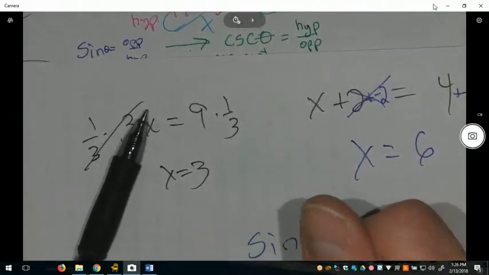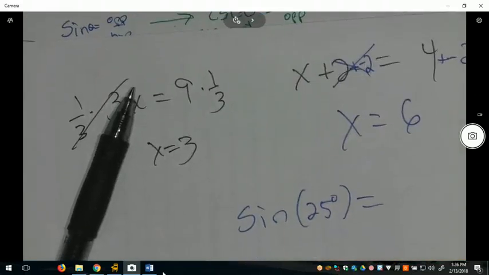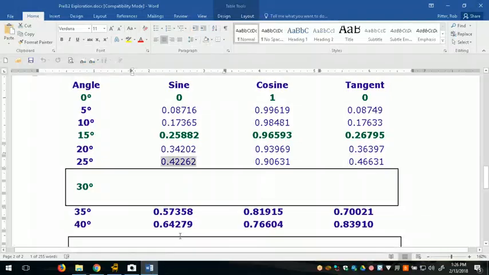Same idea here. I have sine of 25 degrees equals 0.42262. To undo sine, I would use its inverse.